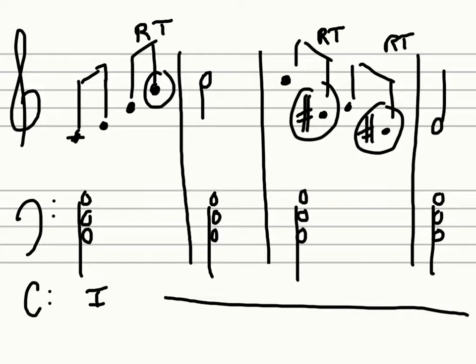So the reaching tone in this case, we skip or leap to it. It's unaccented. It resolves by step, or in most cases, reaching tones actually resolve by half steps. Here we're going down, and we dip below the G to come back. We dip below the E to come back. And now we add alterations to the F and the D to make them half steps.